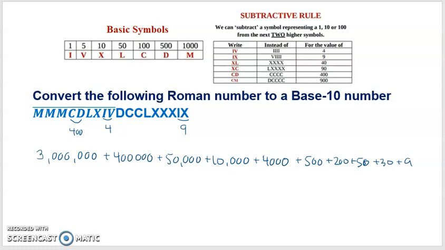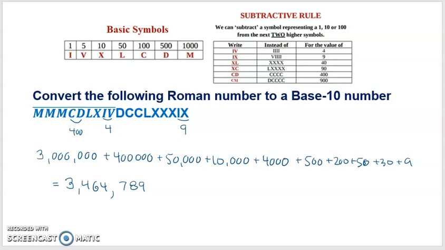So in terms of the larger parts, it would be 3,464,000 when you add all this up. 50 plus 10 is 60, plus 4 is 64. And then we have 500 and 200, so 700, 50 and 30, 80, and lastly 9. So this long string, when using the augmented system, is 3,464,789.